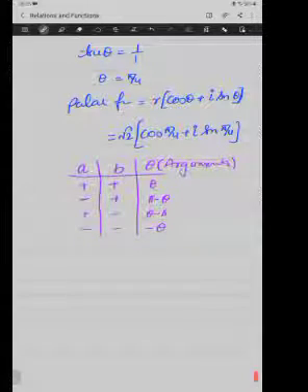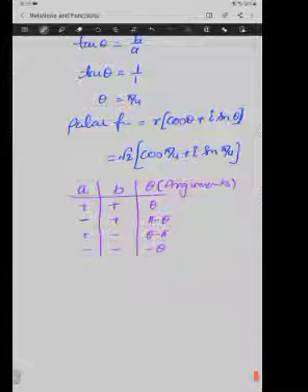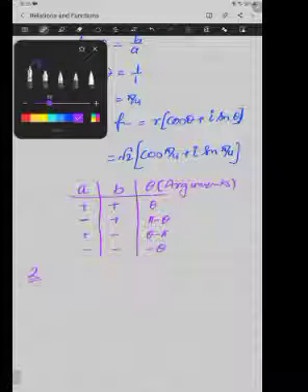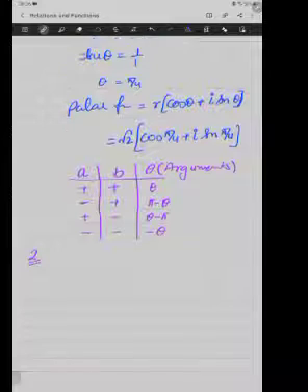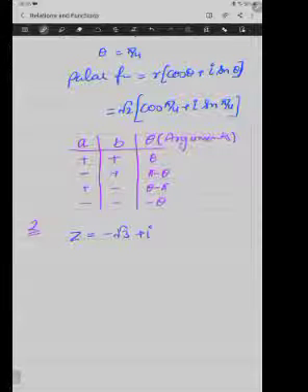Now, one example I'm taking in which I'll be able to make you understand the condition when any one of the two will be negative. The question I'm taking from the book, second question. See, here it is given z is equal to minus root 3 plus i.